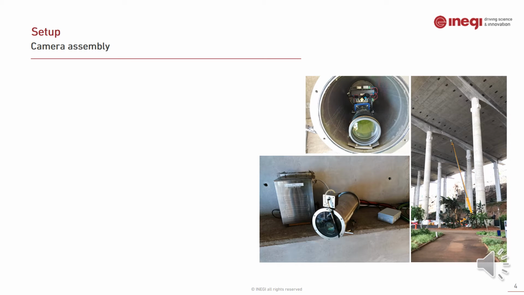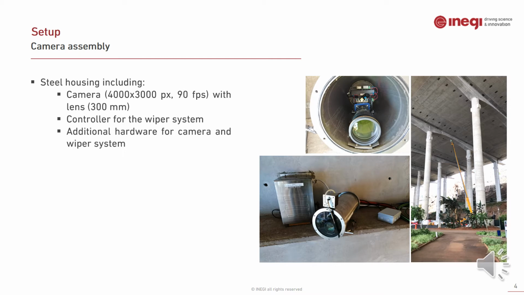So as I've mentioned, cameras are mounted on the beams directly over pillars. This assembly includes steel housing, which includes the camera inside with a 300mm lens, a controller for the wiper system, and additional hardware related to the camera and the wiper system.